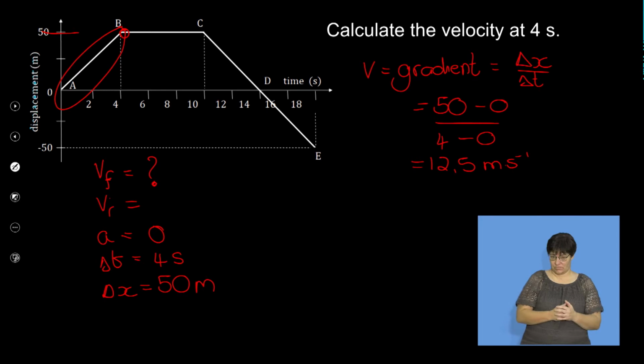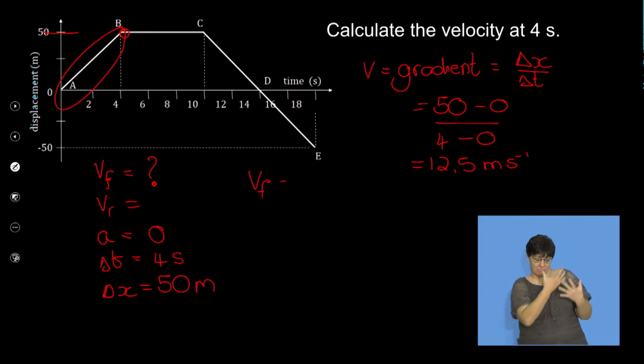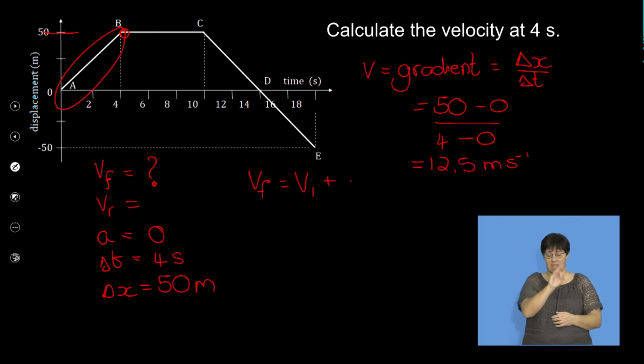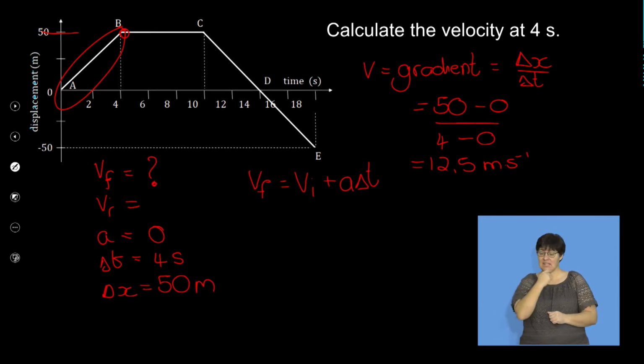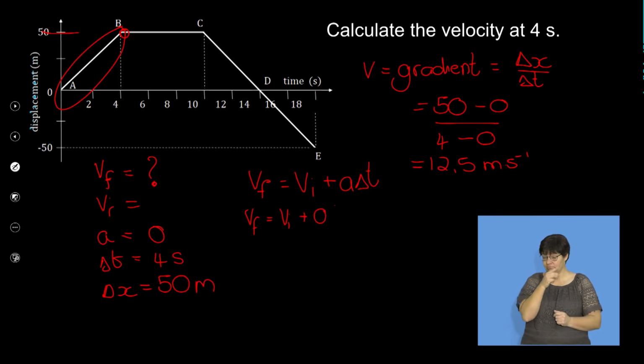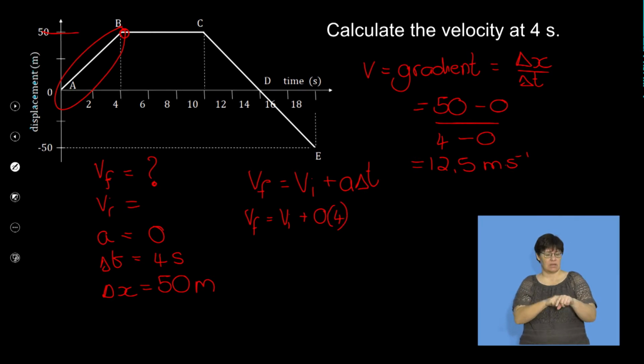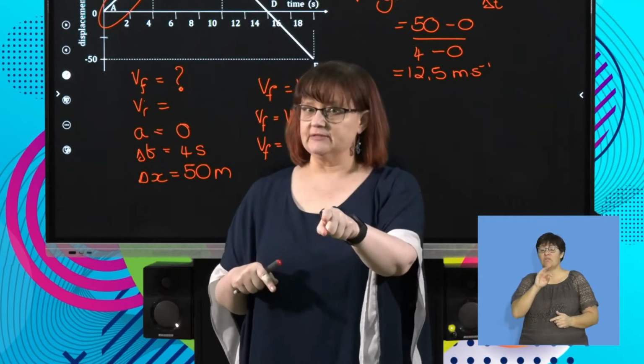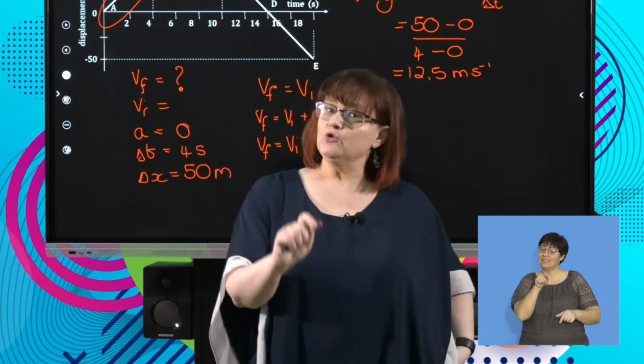So when we look at this, I know that VF equals VI plus A delta T. We've just said that A is 0, so this is 0 times 4. This is very important to take note of, because what I'm now telling you is that VF equals VI. How do I know that? Well, it's a straight line on the displacement graph. So velocity is constant. This is very, very useful for us.